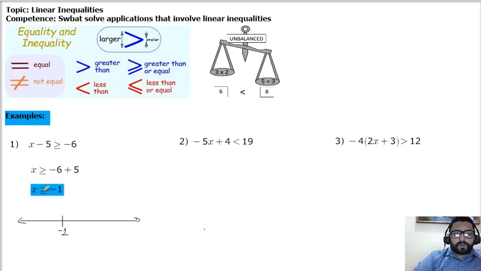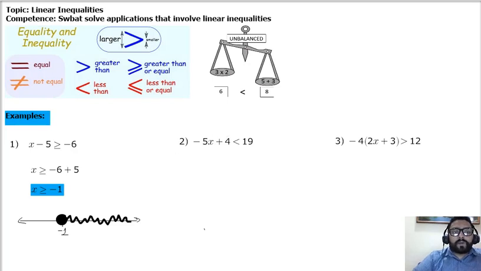In this case we are going to take the values to the right, and we circle this one because we have to include the solution, or we include the negative 1. And then you take values until positive infinity. So here we have positive infinity in this position. In that way, you're going to work with linear inequalities.